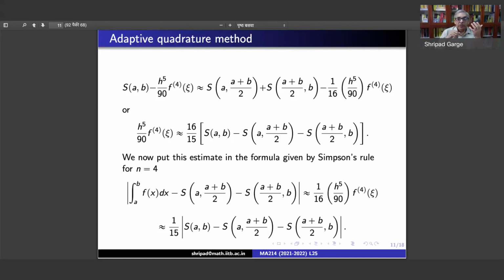So it's like, you have S_AB, its distance from these summation values is 15 times more than the distance of the actual integration from these two summation values. So the summation of these two values to the integral is much better.